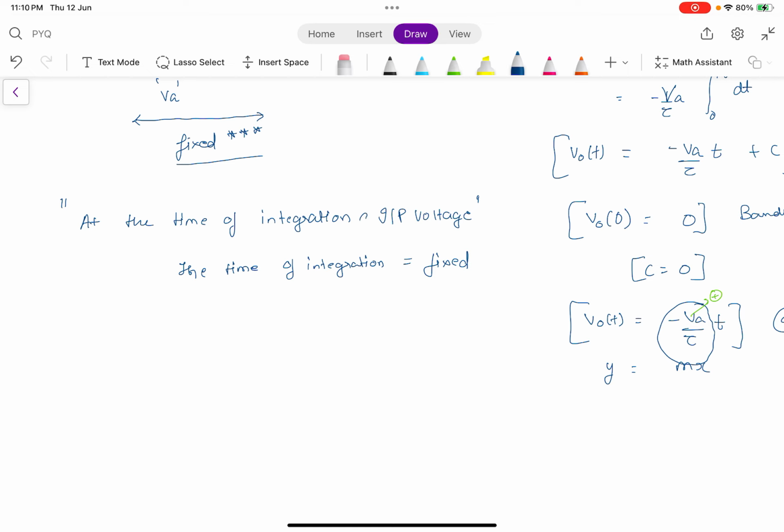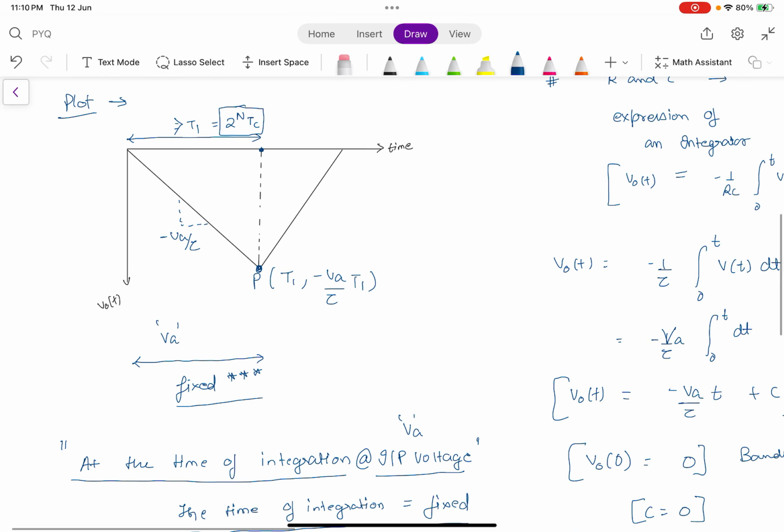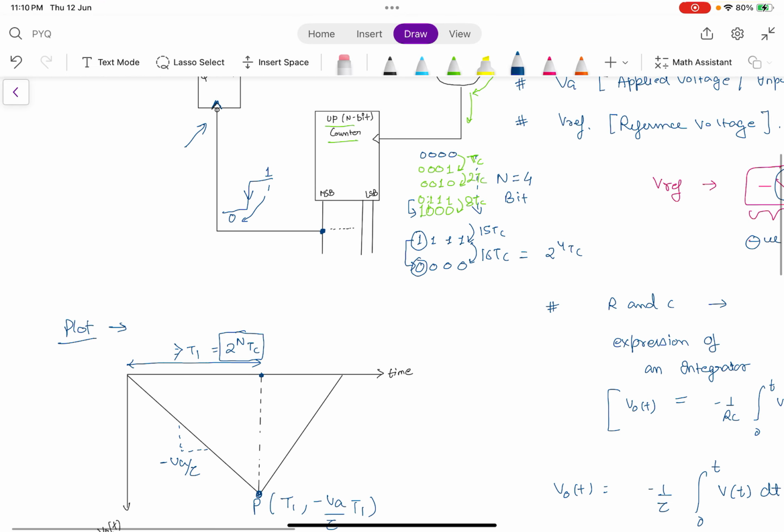I will write: at input voltage VA, the time of integration is always fixed, because you can see that it only depends on the counter bit size, not on the value of VA.